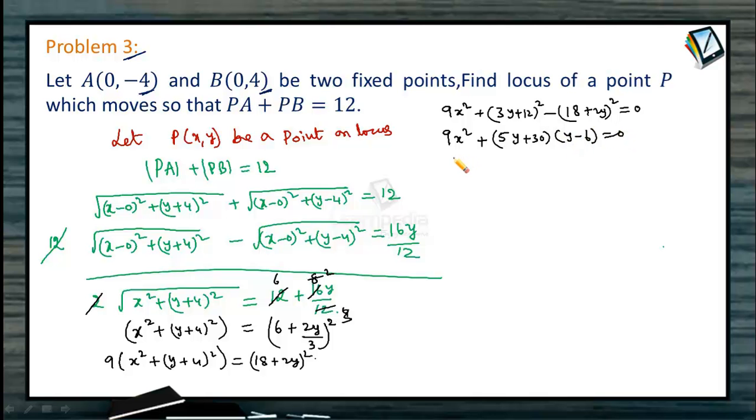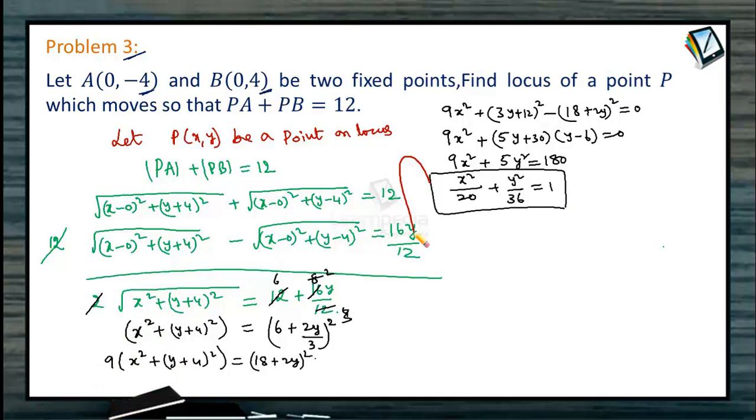Therefore, this gets a nicely simplified form, which is 9x square plus 5y square, the cross product terms will get cancelled, is equal to 180, or x square by 20 plus y square by 36 is equal to 1, which is an ellipse. So the simplified form of the equation is x square by 20 plus y square by 36 is equal to 1, which is going to be an ellipse.